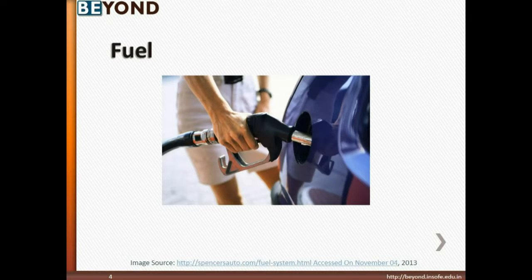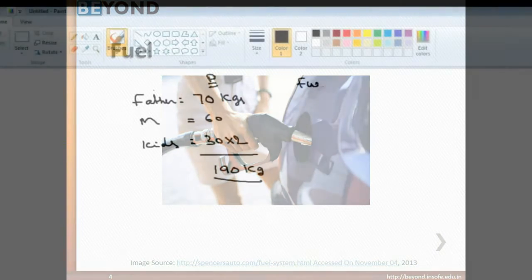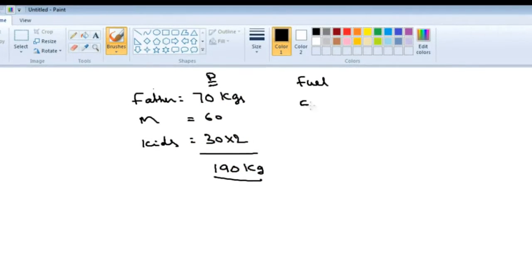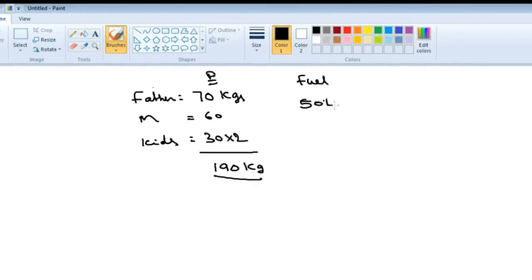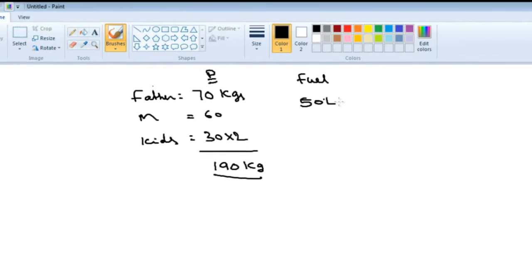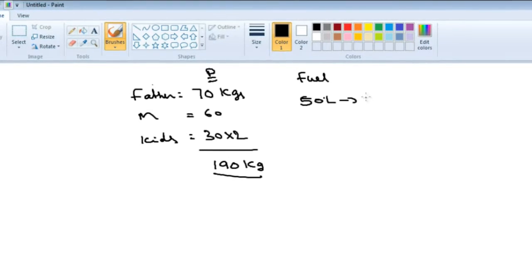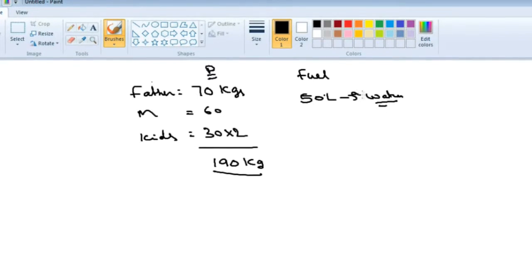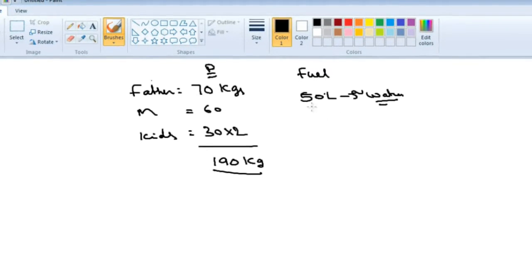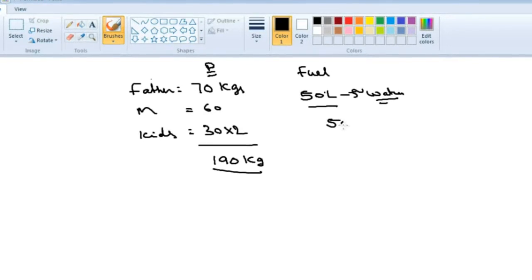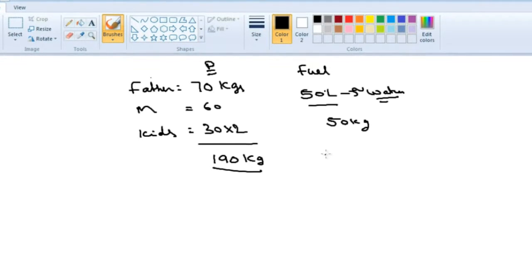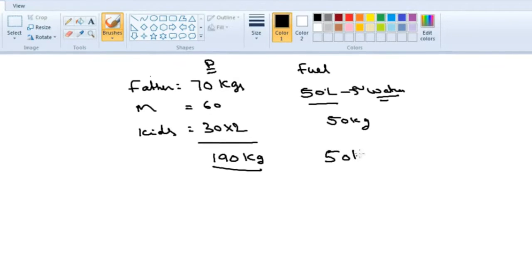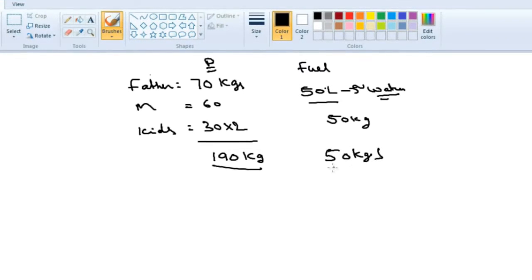I would assume the fuel weight is 50 kgs, as petrol floats on water, so I would assume the weight to be approximately equal to water, and 50 liters of water weighs 50 kgs. So the weight contributed by the fuel is 50 kgs. Great.